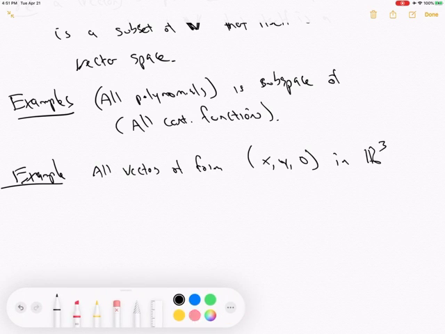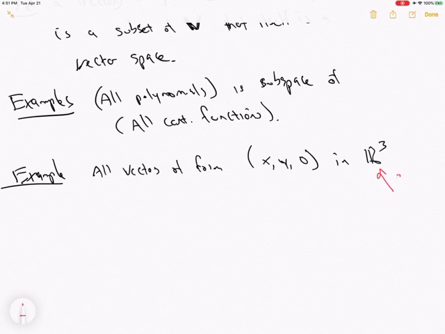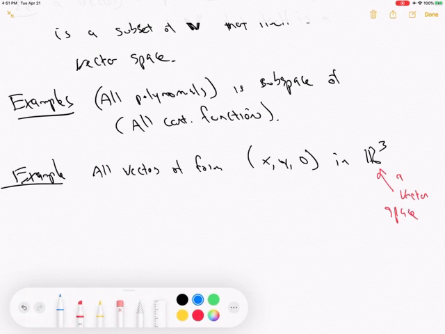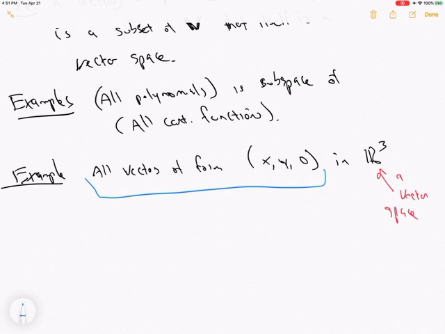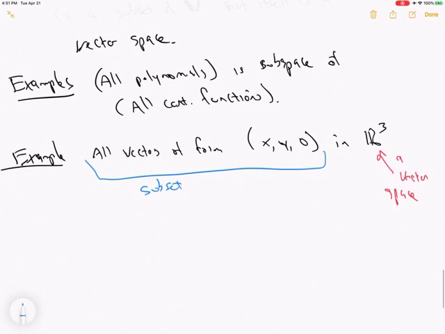R3 is, of course, a vector space. And all vectors of this form is obviously a subset. And so we want to see if this subset is also a vector space, and this subset is a vector space.